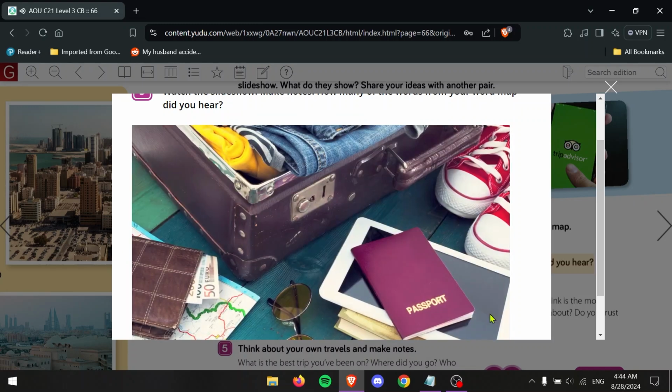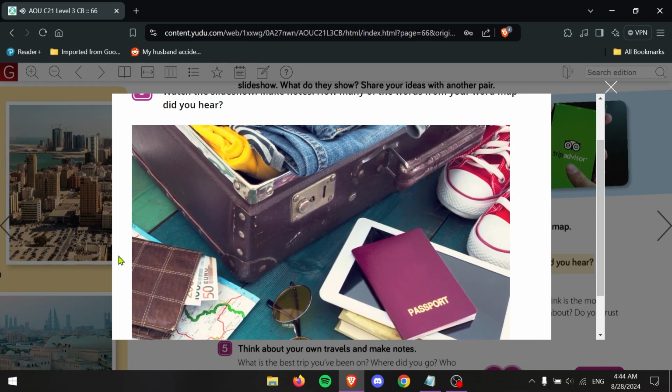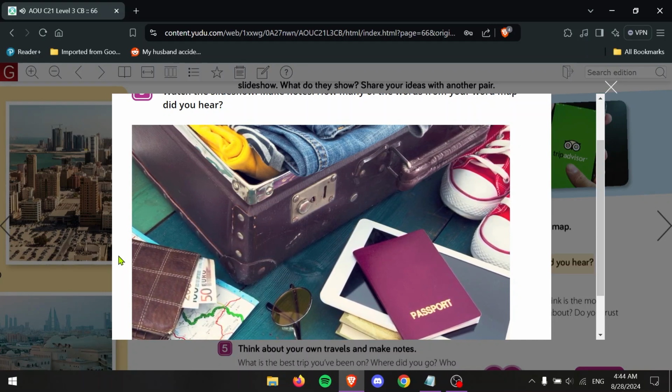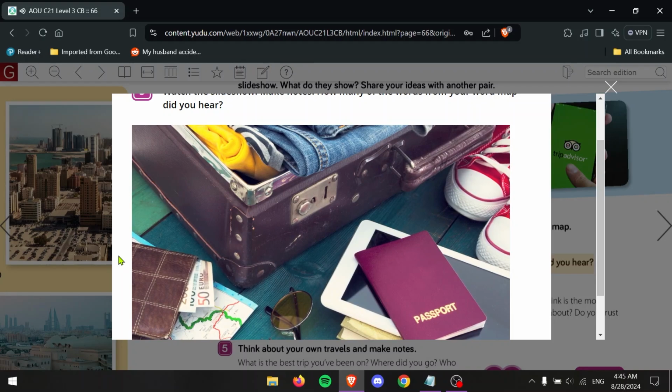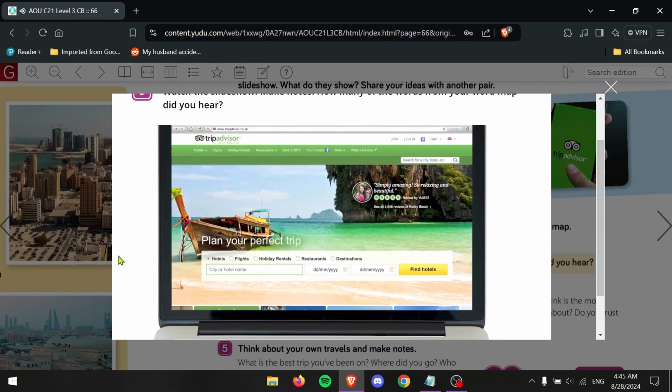When you are planning a trip abroad, you have lots to think about. Where will you stay? What will you see? How much money are you going to need? And are you ready for an adventure? You have to do some research.